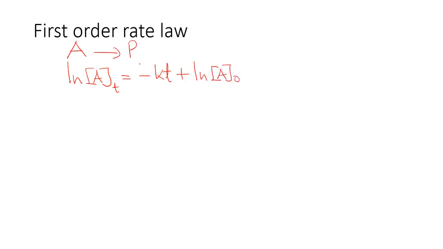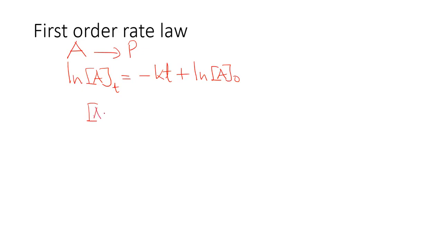As a reminder, for a reaction where we have a reactant A to give us product, the integrated first order rate law is given by natural log A_t is equal to minus kt plus natural log A naught.